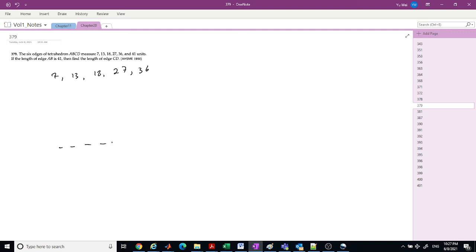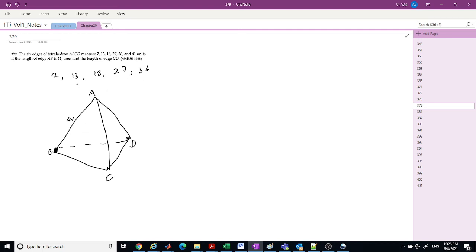Okay, let's draw a tetrahedron ABCD. So we know the AB is 41, right? So in order to make a triangle, we know the two sides added together should be greater than the third side, right? So let's see the combination of how many ways we can do more than 41, right?